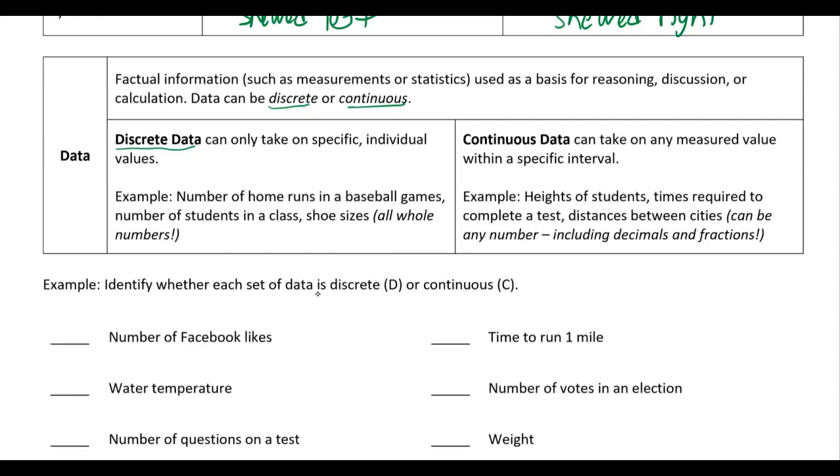It doesn't have to be 10 minutes or 20 minutes. There are no intervals there. Distances between cities, right? These are things that are just continuous. They keep going. There is no jumping point. So below, I want you to pause the video and see if you can identify these different values as discrete or continuous.